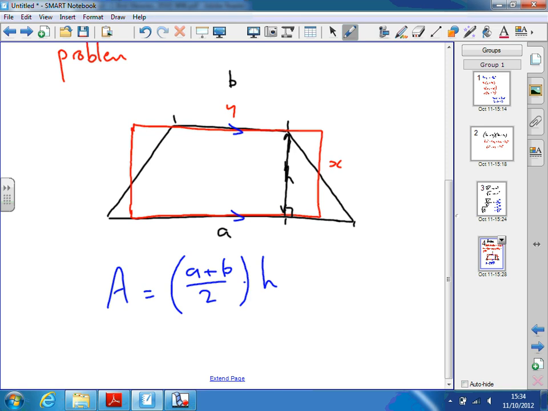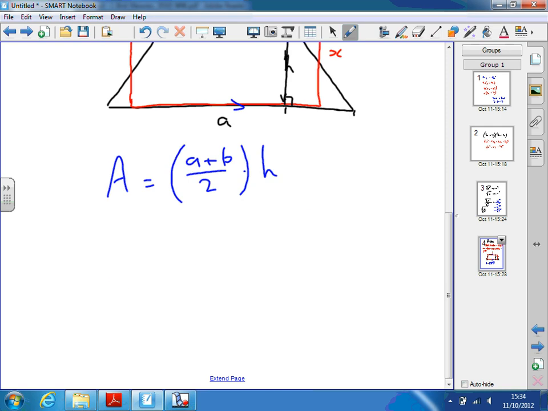And then you multiply that by the height of the trapezium. Instead of writing A plus B all divided by 2, I could write a half of A plus B multiplied by the height. And that is the recognized formula for finding the area of a trapezium. But now we can see how it was arrived at.